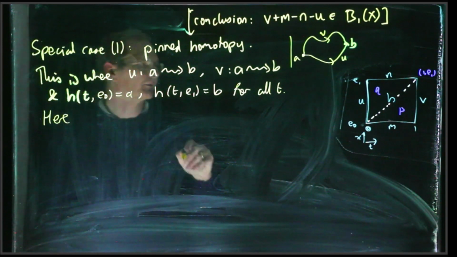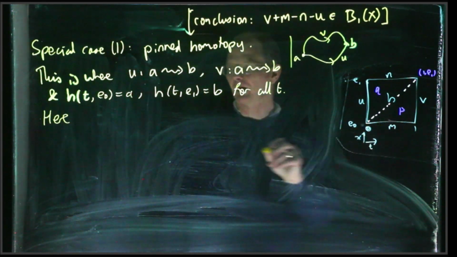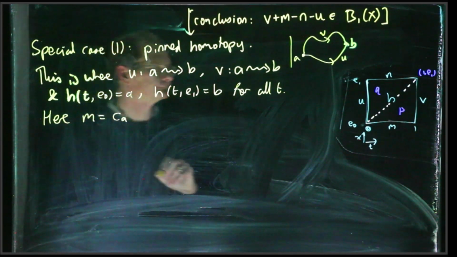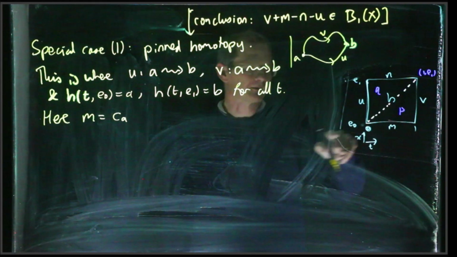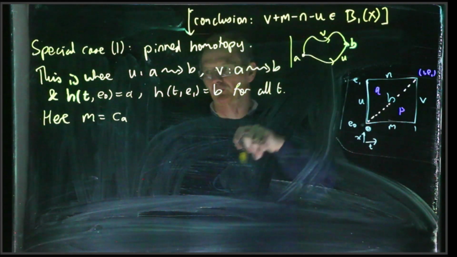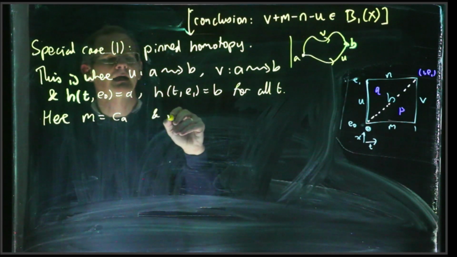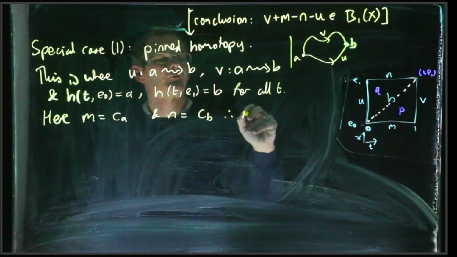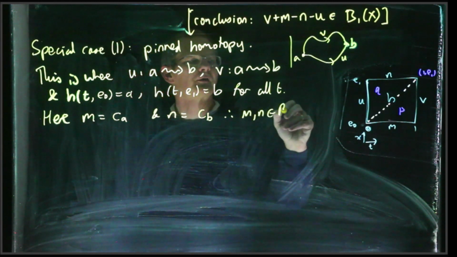Here, the conclusion. What this means is that the path M is just the constant path at A, right? Because M is telling us how the initial point of U moves, and it doesn't move at all. It stays at A, and N is constant at B. Therefore, M and N are both in B1X.